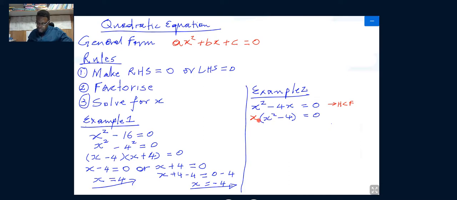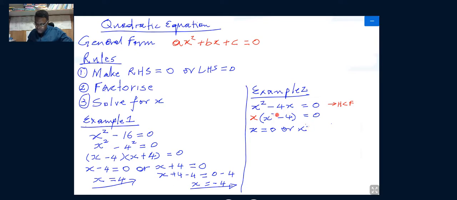Remember, I said, because when you're having this, it means you also have a bracket here. So because we have a bracket here, it means or. You must remember that. Immediately, x is equal to 0, or x minus 4 is equal to 0.